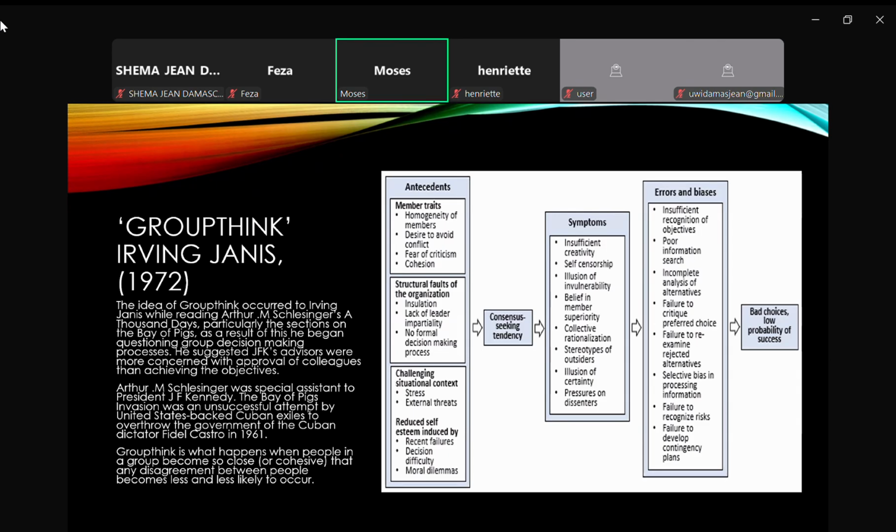In other words, people become so close that they fear to disagree. And when that happens, you end up having less innovation and poor decisions being made because people are not scrutinizing decisions and ideas.